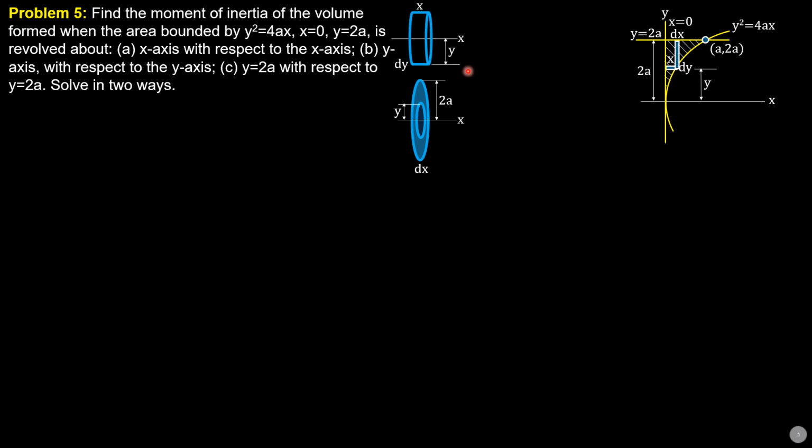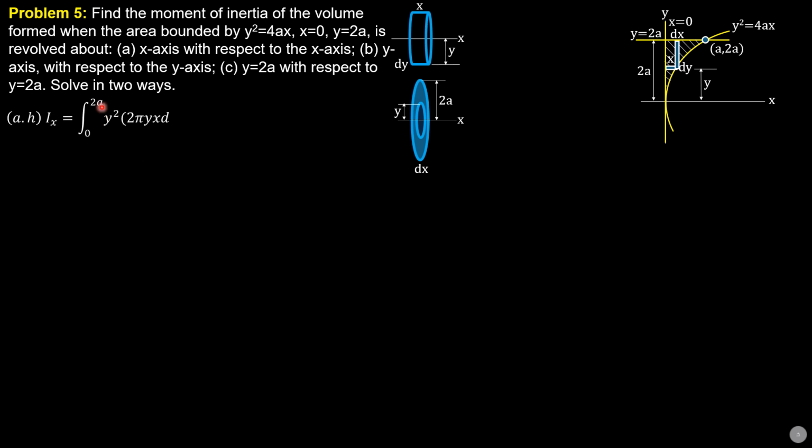So it is the integral of constant distance squared, r squared, y squared, times the differential volume of the cylindrical shell, which is 2 pi times the radius of revolution, 2 pi y, then length x, thickness dy. So I with respect to the x-axis is the integral from 0 to 2a of y squared 2 pi y x dy.